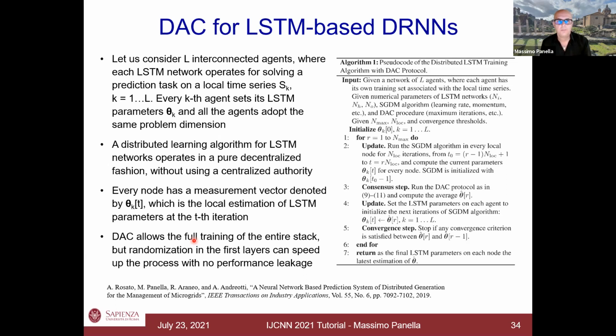By using the distributed average consensus protocol, it is possible to reach consensus on all the parameters of all layers of a deep neural network: for the LSTM layer, but also for the final dense layer, and for other LSTM layers or convolutional layers.